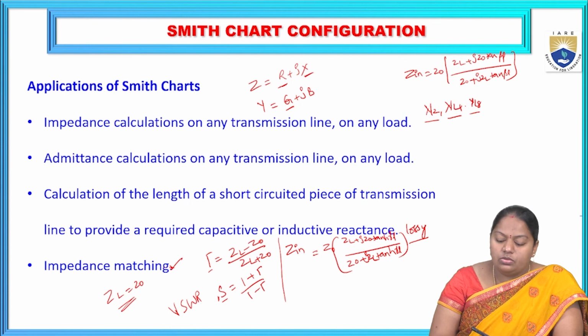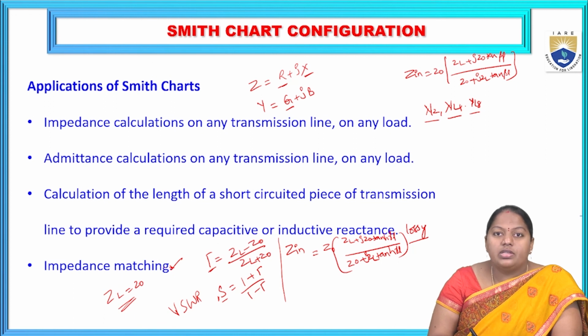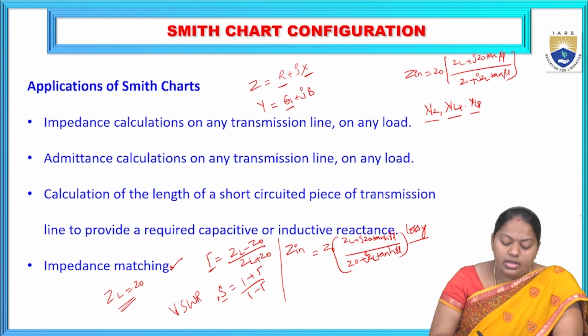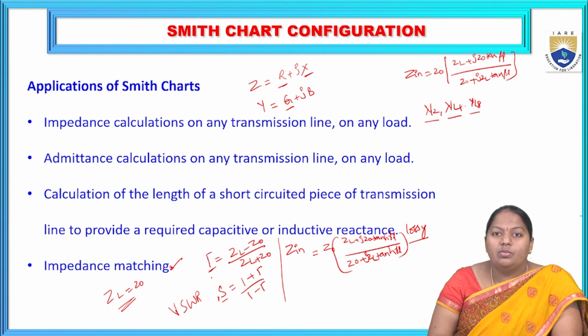Now in order to calculate this also, we require the Smith chart. Why? Because to calculate this, we require the load impedance ZL and the characteristic impedance. In order to calculate the reflection coefficient, the load impedance and the characteristic impedance are needed.